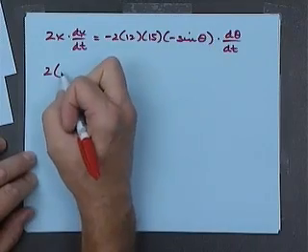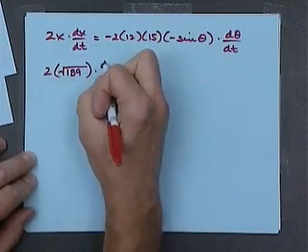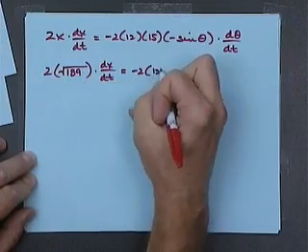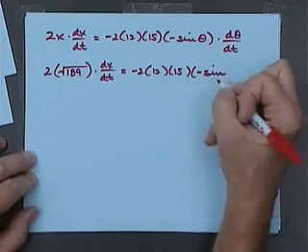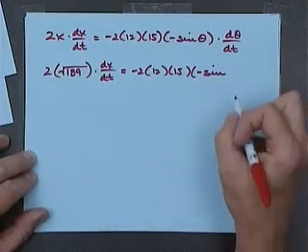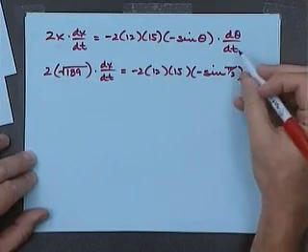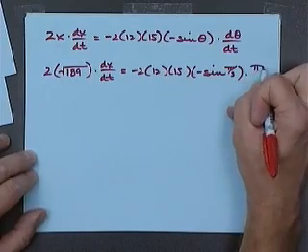So x, I'm going to go ahead and put down square root of 189 dx over dt. Negative sine of theta. What is theta at this instant? Pi over 3, right? Yes. And then d theta over dt was pi over 90, right? Yep.